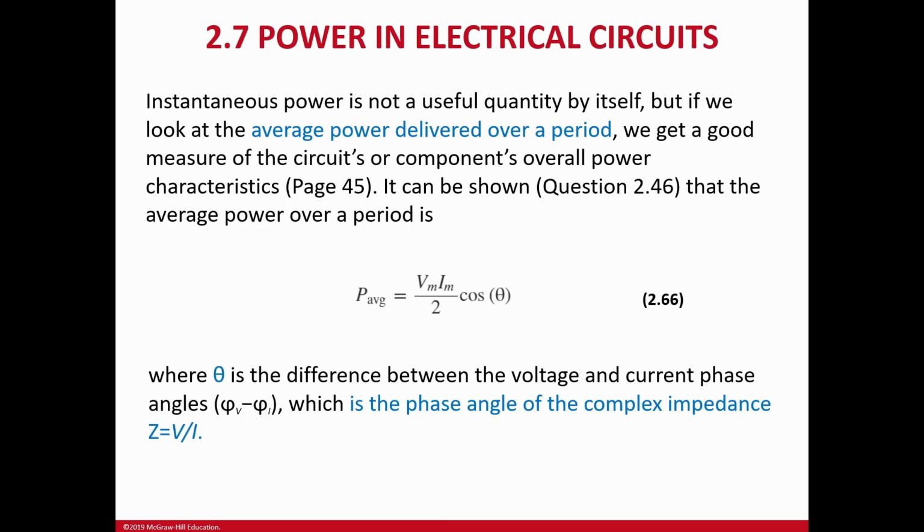So it's phi V minus phi I. So this is the phase angle of the complex impedance. This is the whole concept. Why do we need to calculate the phase angle of the current and the voltage? Because we need to get the complex impedance phase angle.